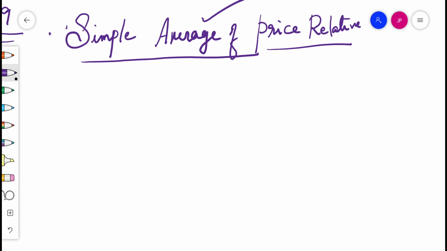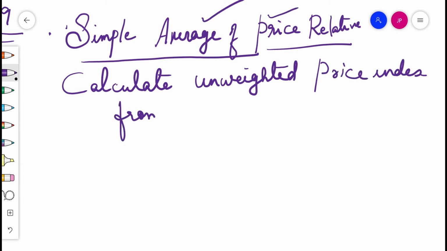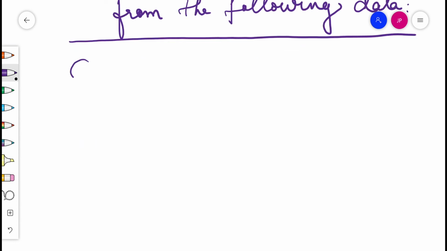Find out the price index of the year 2008, assuming 2006 as the base year, from the following data. Calculate price index unweighted, so weights are not assigned. Price index using the simple average of price relative method from the following data. Here also we need three columns. First column commodity. The second column price P0, that is price in the year 2006 as the base year.